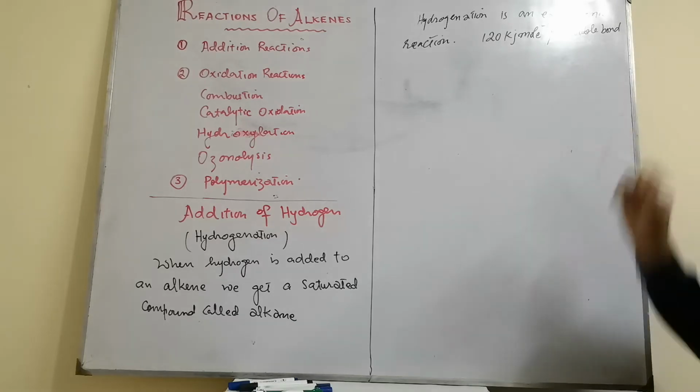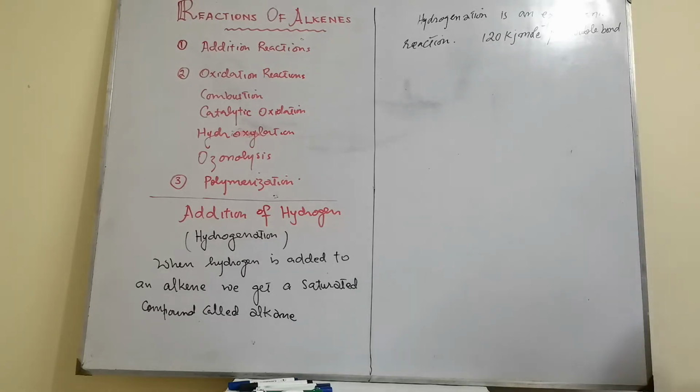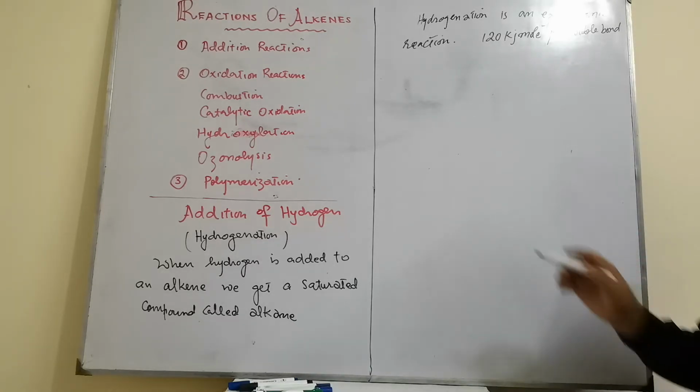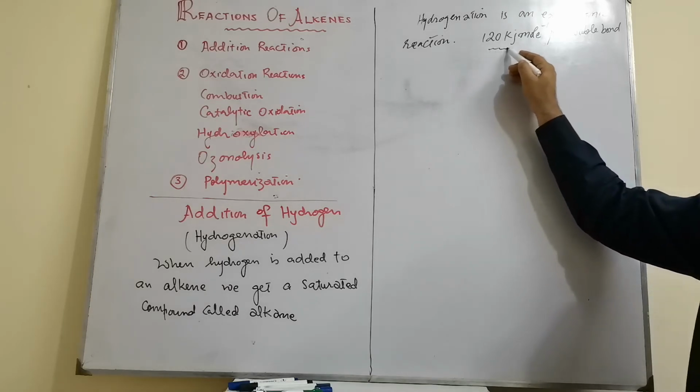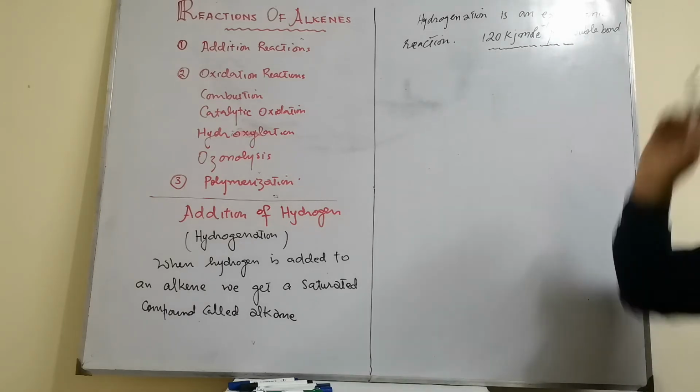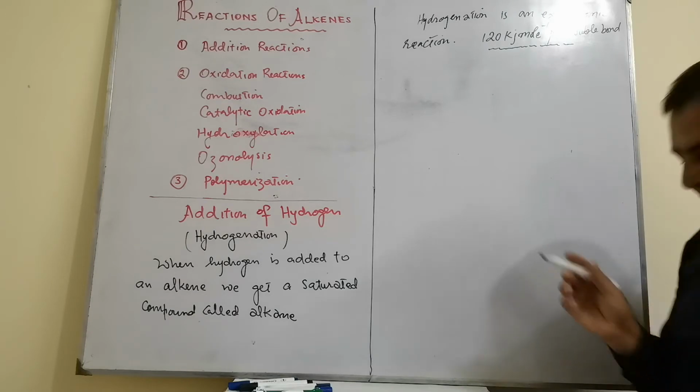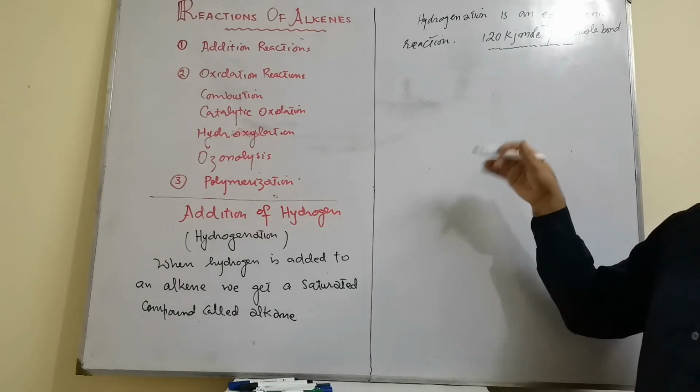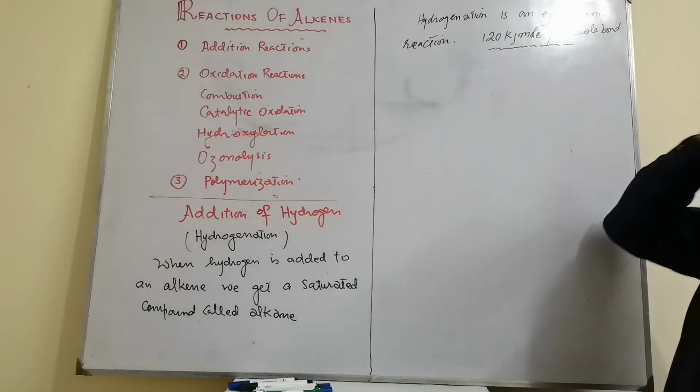This is called hydrogenation energy. This hydrogenation energy is also used to measure the stability of benzene. We will discuss this topic later on.